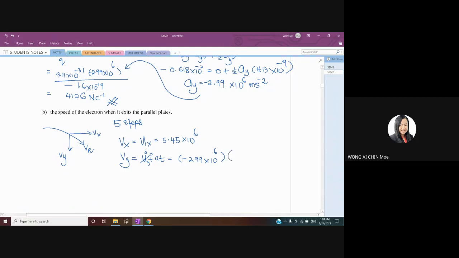Time taken just now we recalculated equals to 4.13 times 10 to the power of negative 9. So finally, you have your Vy, and your Vy is equals to negative 2.9. Correct or not? Wait, I calculate.